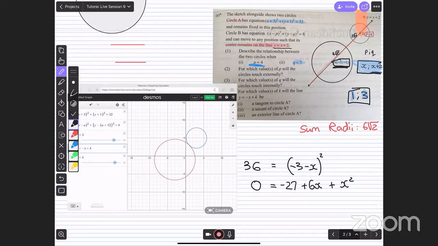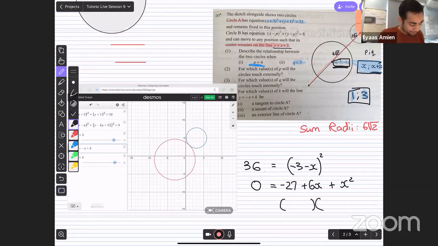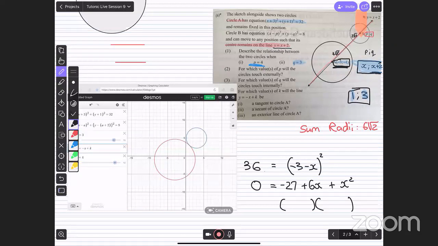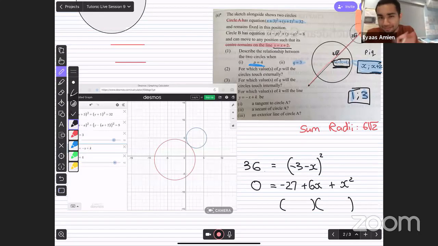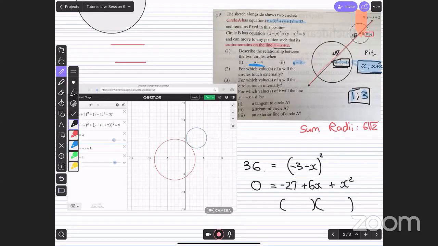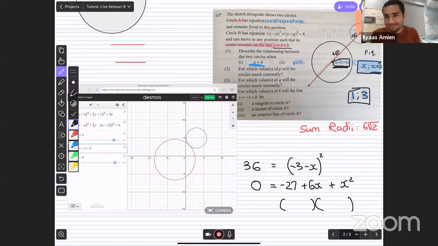Factorize it for me. 9 and 3. What's the brackets going to be? x plus or x minus? The first one is plus and the second one is minus.